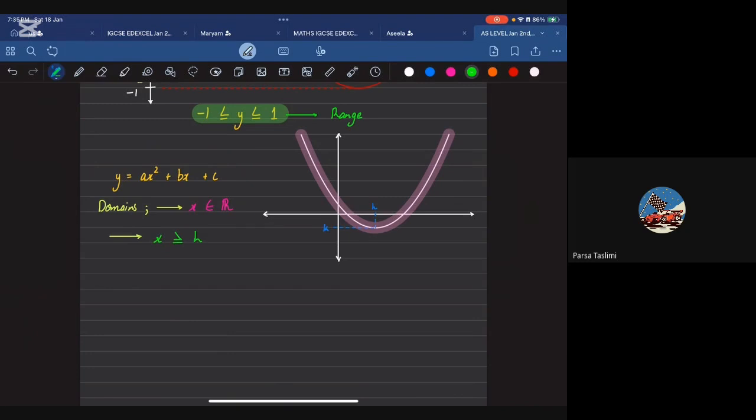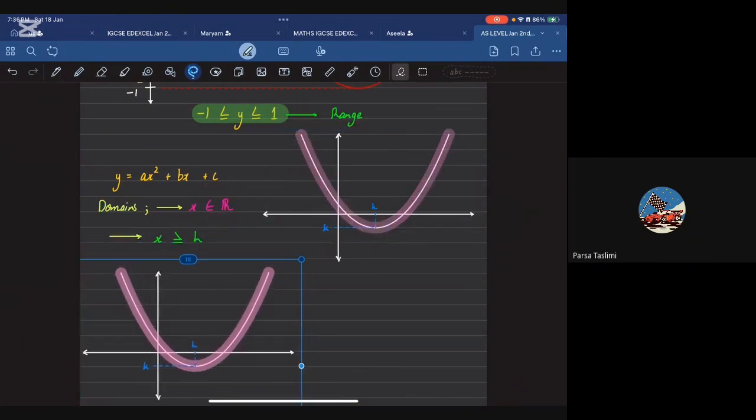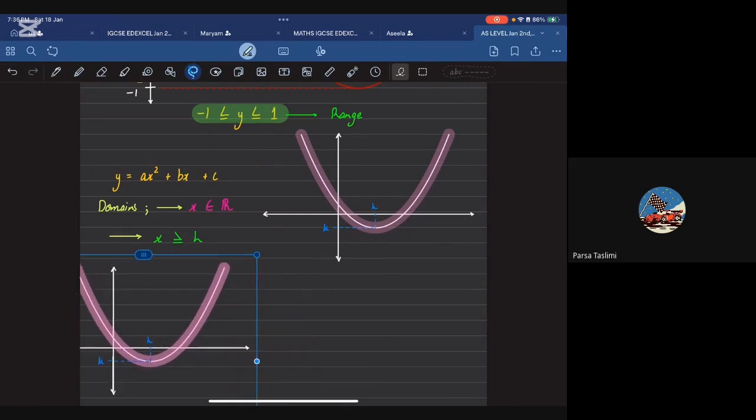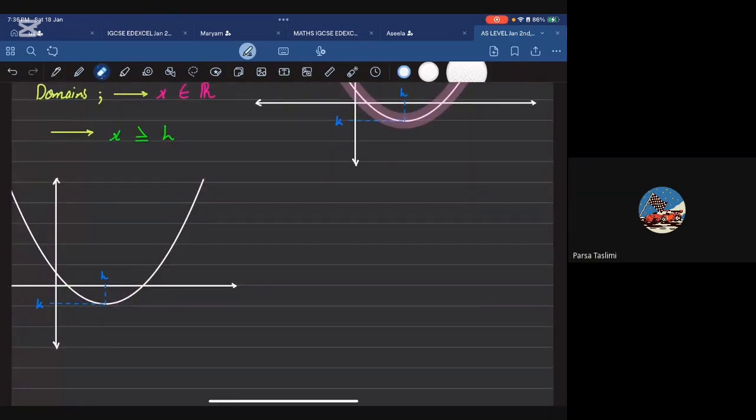Now, Parsa, if x is greater than h, that means that considering this graph again, I don't even need to look at the other side of the graph. We're only going to be talking about this part, right? Right, Parsa? Clear? Yes. Because x is greater than h.